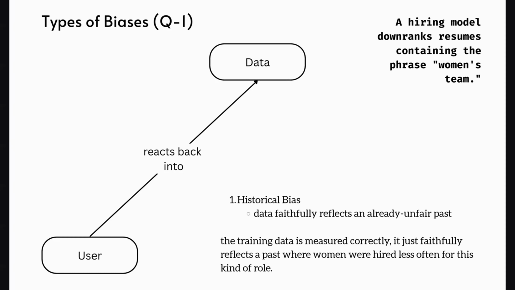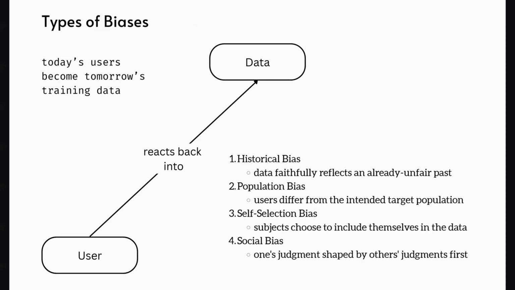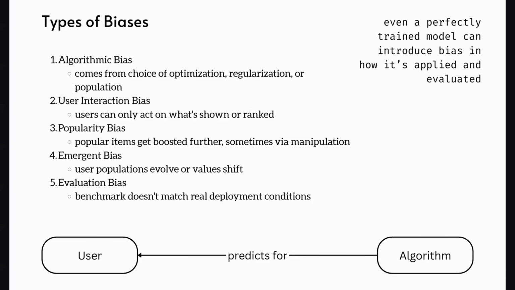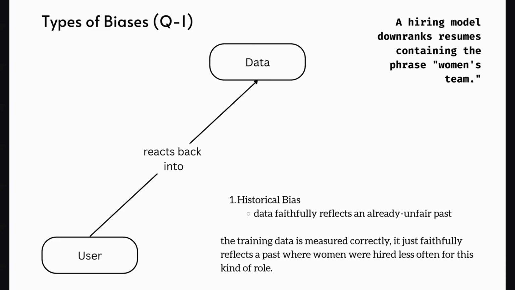So I would argue that for measurement bias, when you are just saying a hiring model, possibly yes, it was due to a feature that was not measured properly.